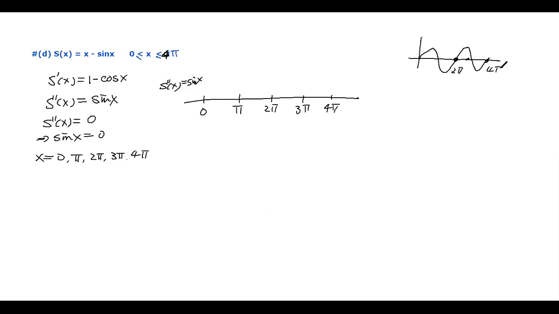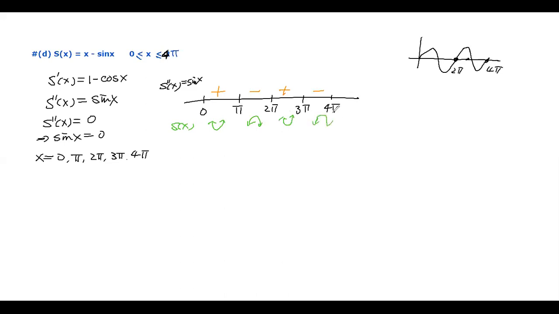Now I know from 0 to pi it's positive, from pi to 2 pi it's negative, 2 pi to 3 pi is positive, and 3 pi to 4 pi is negative. So that's why my function s of x is concave up, concave down, concave up, and concave down, right?